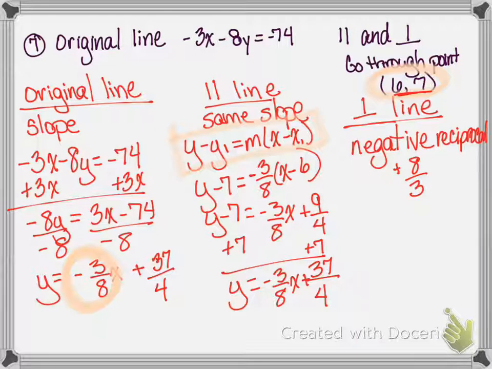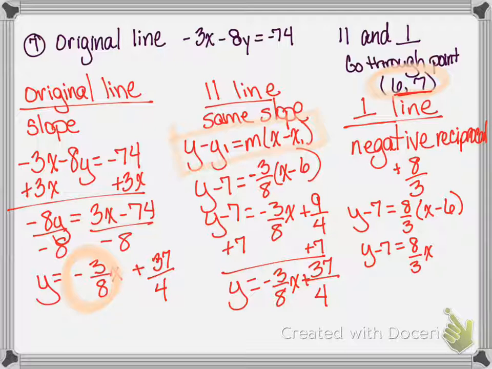So I'm still going to use 6 and 7. So I have y minus 7 equals 8 over 3 times x minus 6. So y minus 7 equals 8 over 3x, then I have 8 over 3 times negative 6.